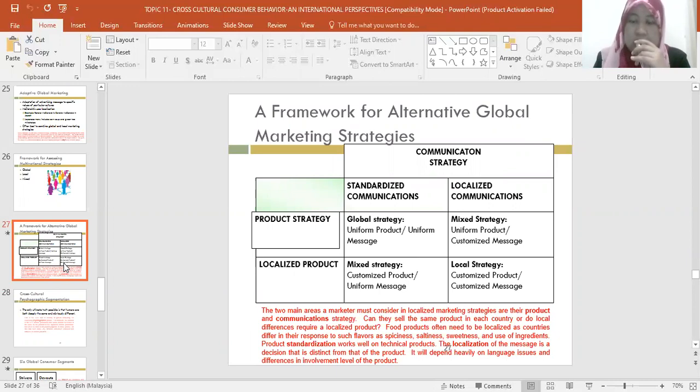Then mixed strategy, we have uniform products, customized message. Another mixed strategy, we have customized products, uniform message. And then local strategy, we have customized product, customized message. Okay, so yeah.